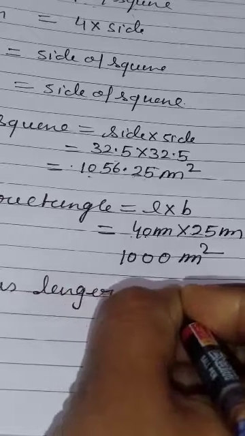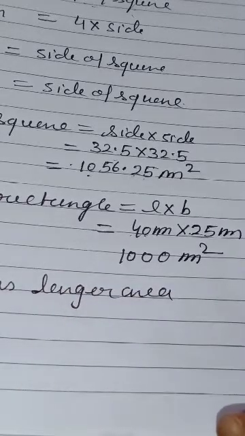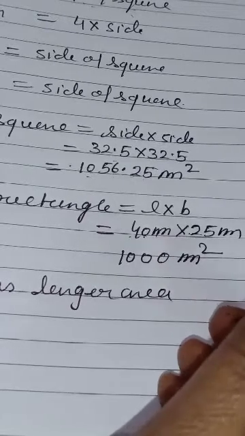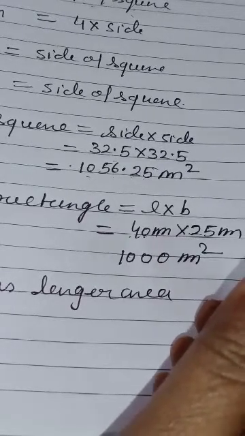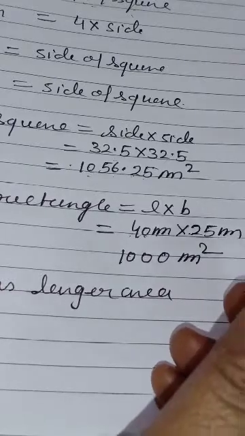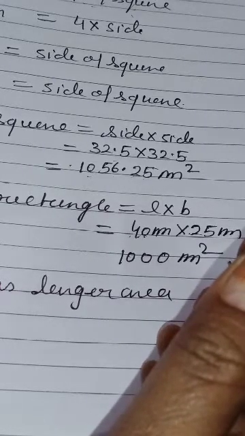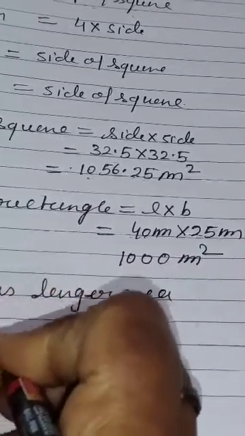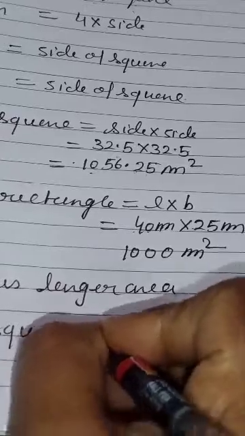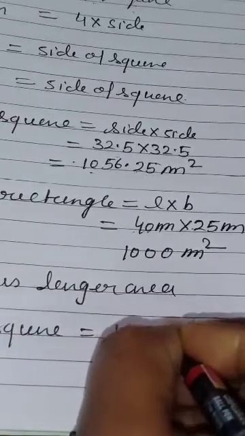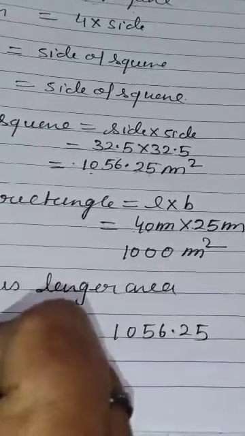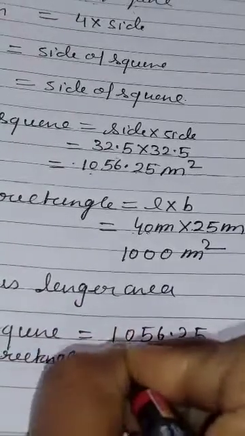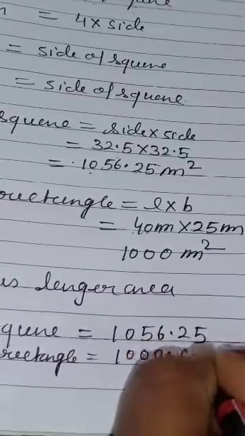But how much larger? How can we decide? Subtract from the area of square. It is also written in the question which figure has larger area and by how much. For that we will subtract the area of rectangle from the area of square. So area of square is 1056.25 and area of rectangle is 1000.00.